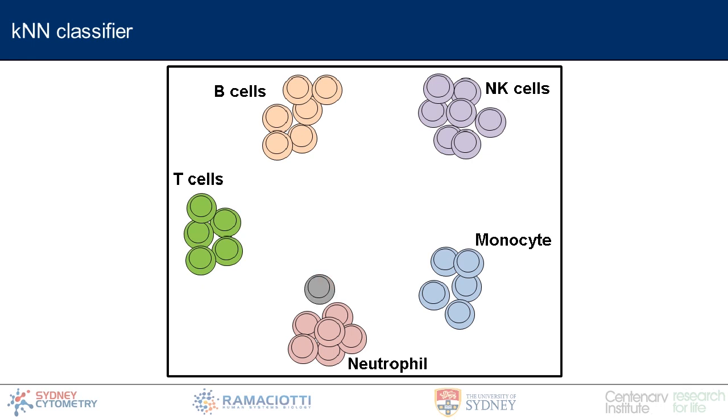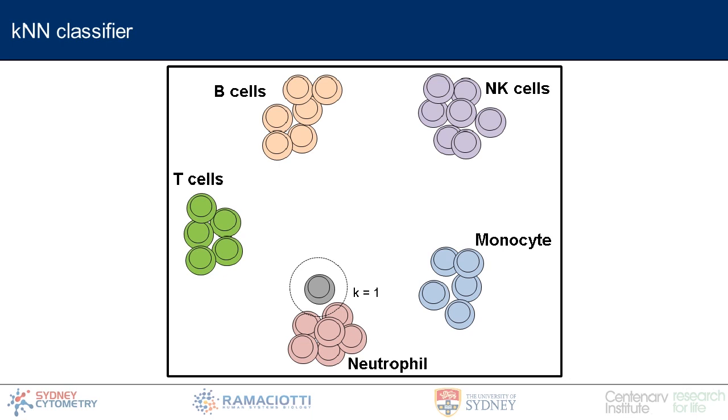And just to give an idea of how this works, the way that a k-nearest neighbor works in this case is you take a cell and you look at what other cell in the data set it is most similar to. And with k-nearest neighbor, essentially you can say, I'm going to give it the label of this single cell that it's closest to, so a k of 1.